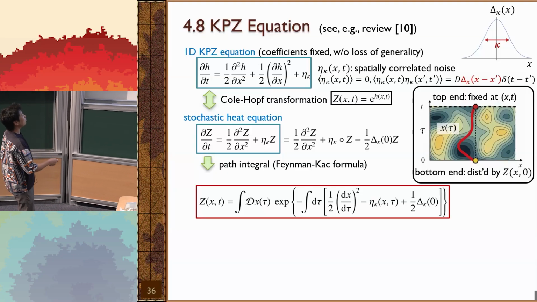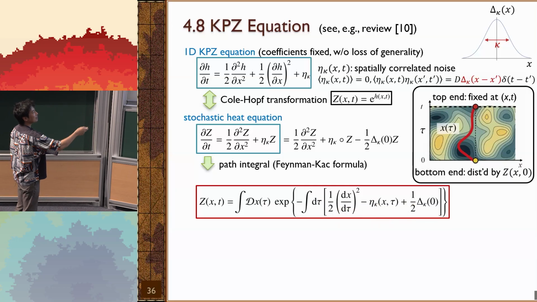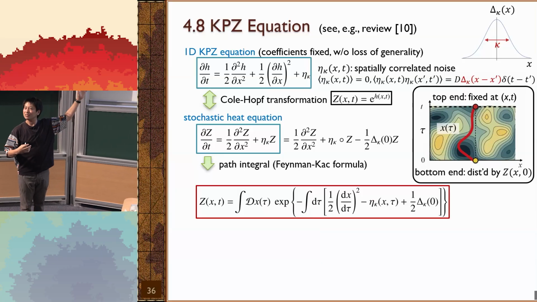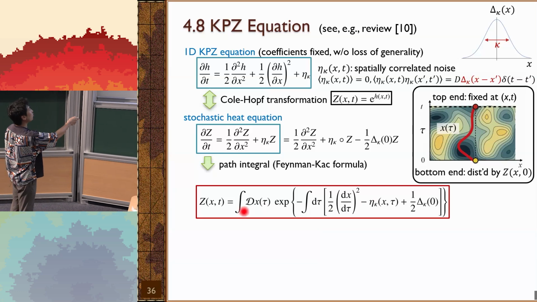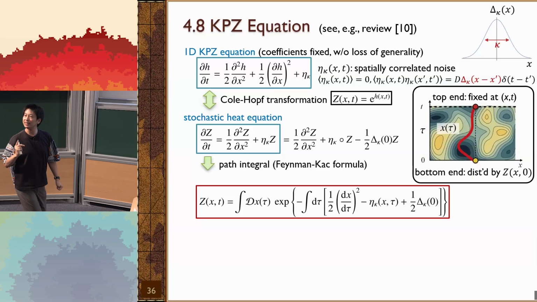If we see it in that way, the terms in the exponential are the energy of this path. So let's call this path a polymer. This is a single valued function of tau, so actually this polymer is directed. It must be heading upward.